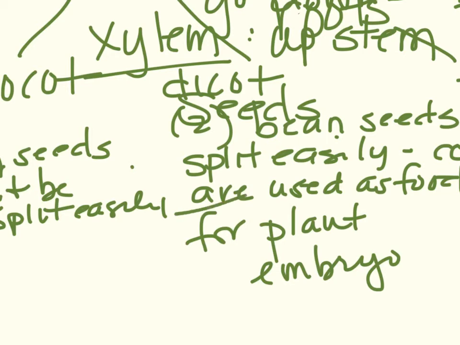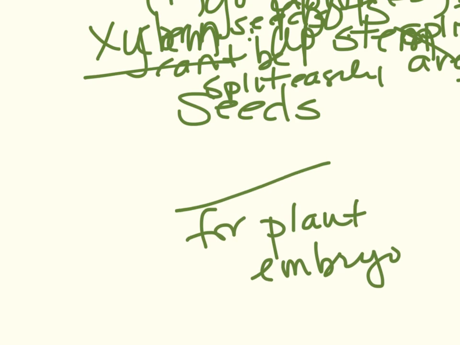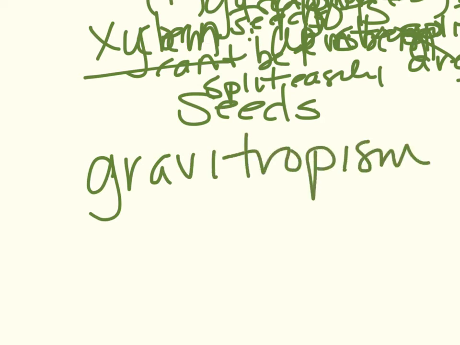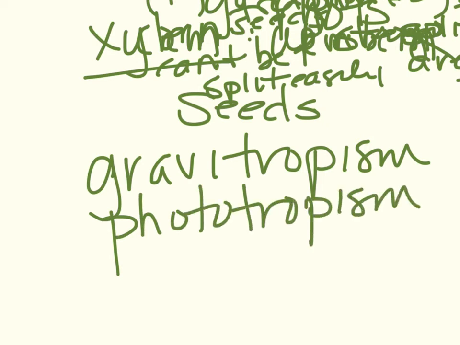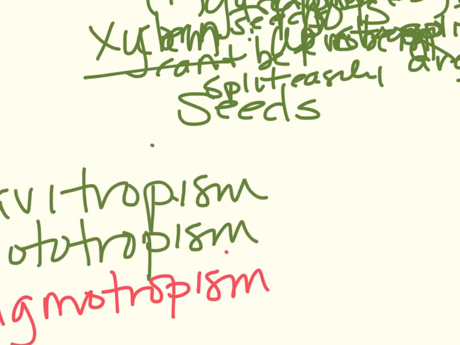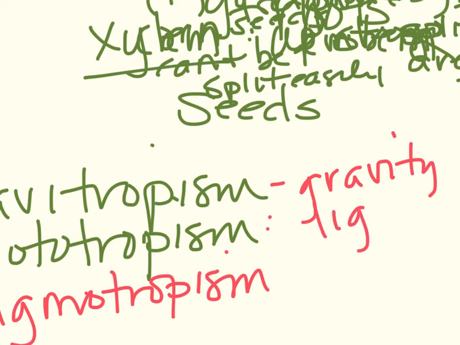So for on level, you needed to know gravitropism and phototropism. And then pre-AP, you also need to know thigmotropism. Gravitropism, I'm sure you know, is gravity. Photo is light. Thigmo is touch.